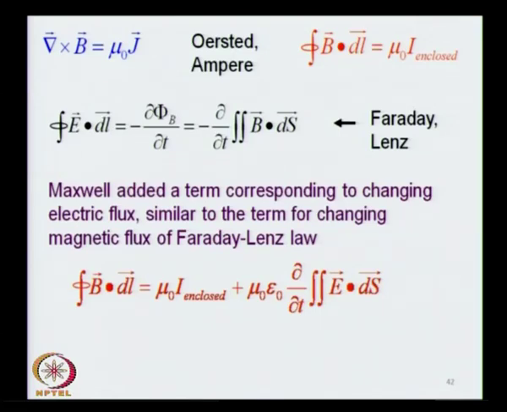That had to wait for Einstein, and that is an extremely important and integral part of our story on classical electrodynamics. So, this is the term that Maxwell added, and now we will call this the Oersted-Ampere-Maxwell equation.